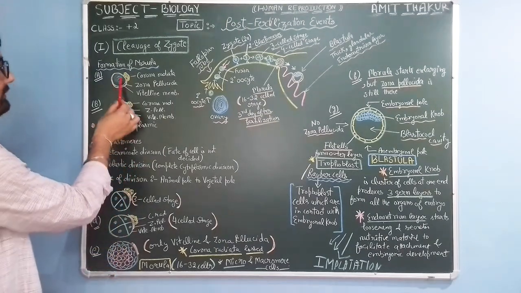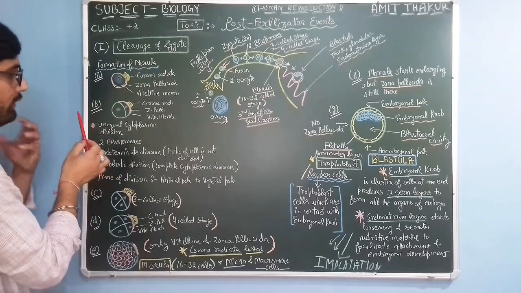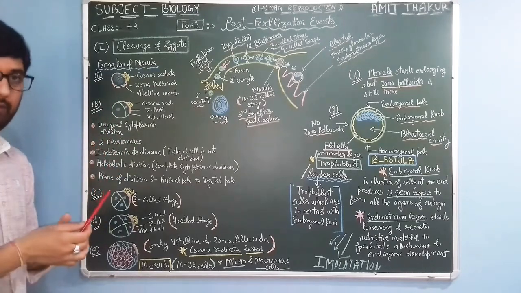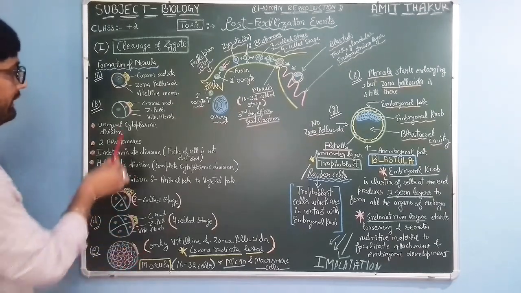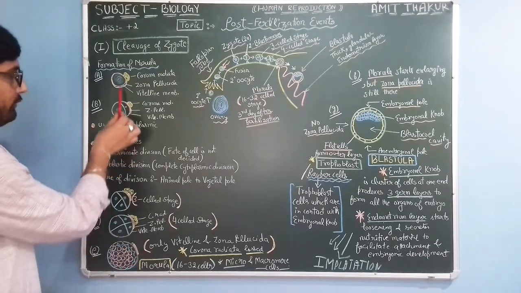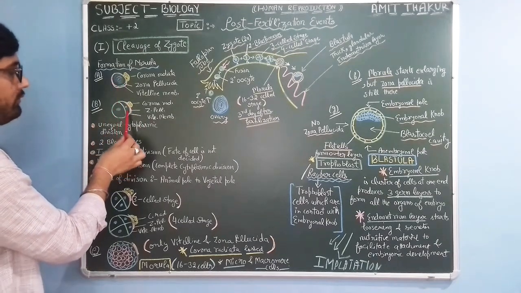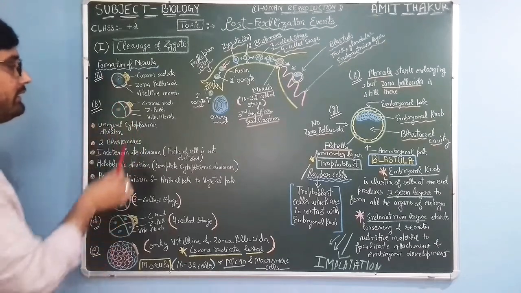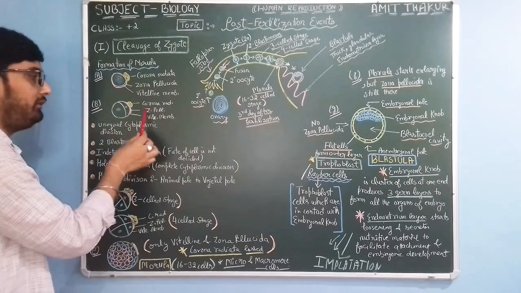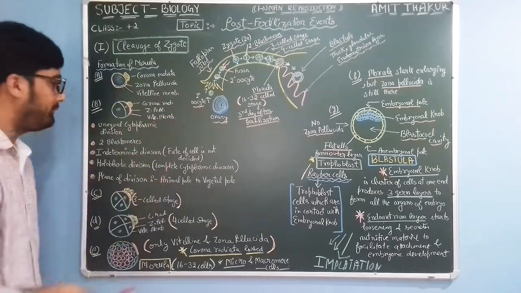Then this zygote undergoes mitotic division, or cytoplasmic division. Here you can see this one-celled zygotic stage has now become two blastomeres, the 2-celled stage. The corona radiata, zona pellucida, and vitelline membrane are all present.